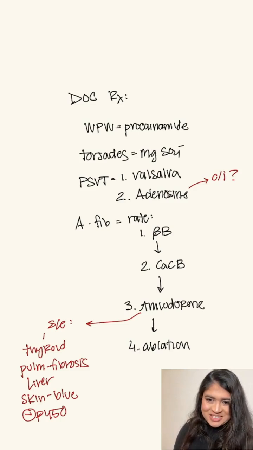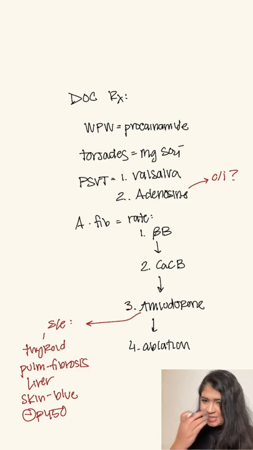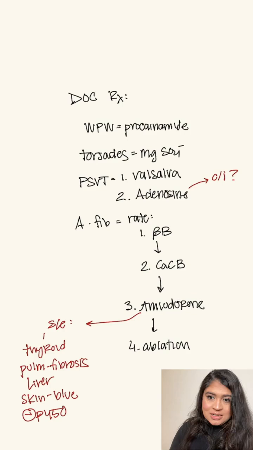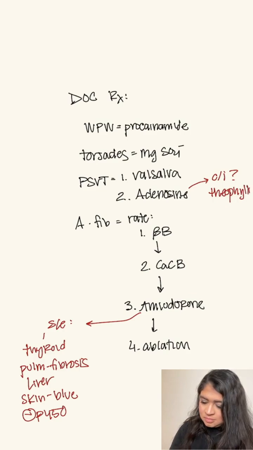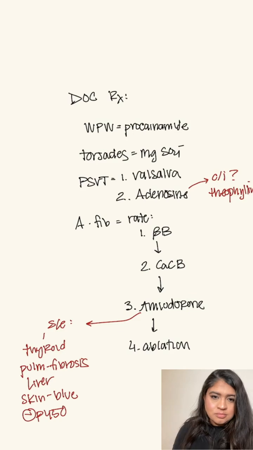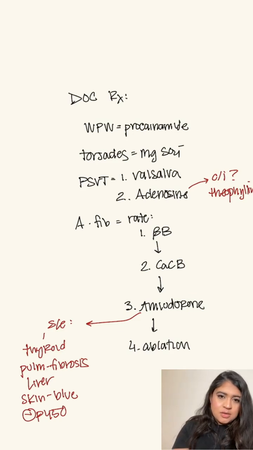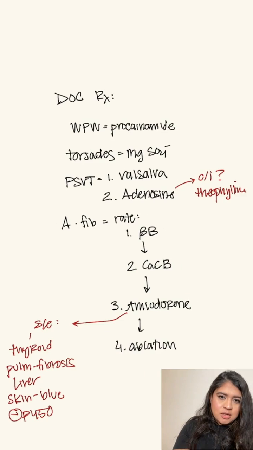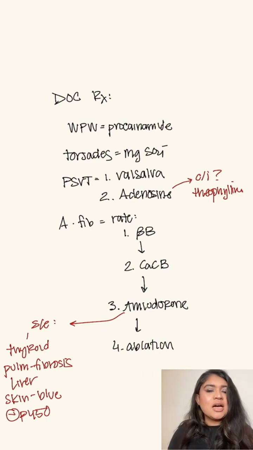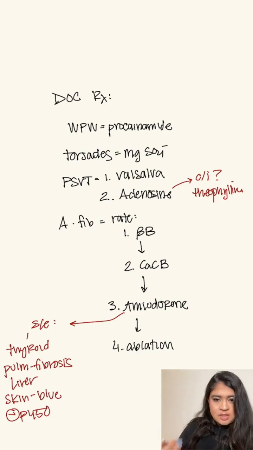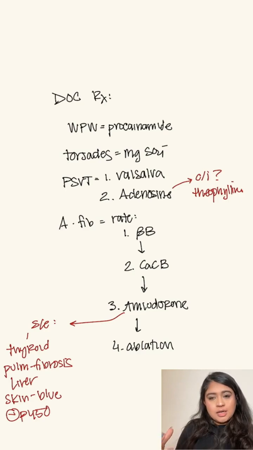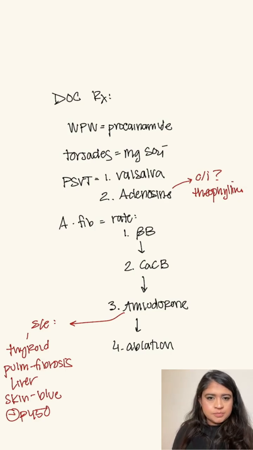Yes, it is theophylline. Theophylline is not going to let adenosine work. So theophylline, caffeine, they have the same mechanism. So theophylline or caffeine will not let adenosine do its MOA. Good.